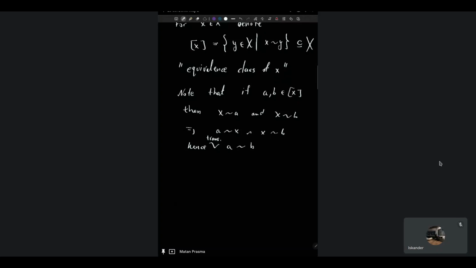So let X and Y be two elements in X, and consider the equivalence class of X and the equivalence class of Y. These are two subsets of X, right?